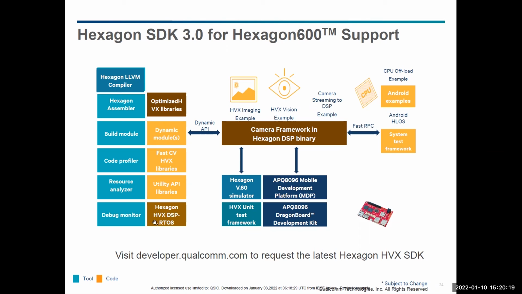There is a dedicated section in the Hexagon SDK which explains the RTOS of the DSP. There are a lot of examples in the Hexagon SDK, spanning imaging, computer vision, camera, and mathematical libraries.